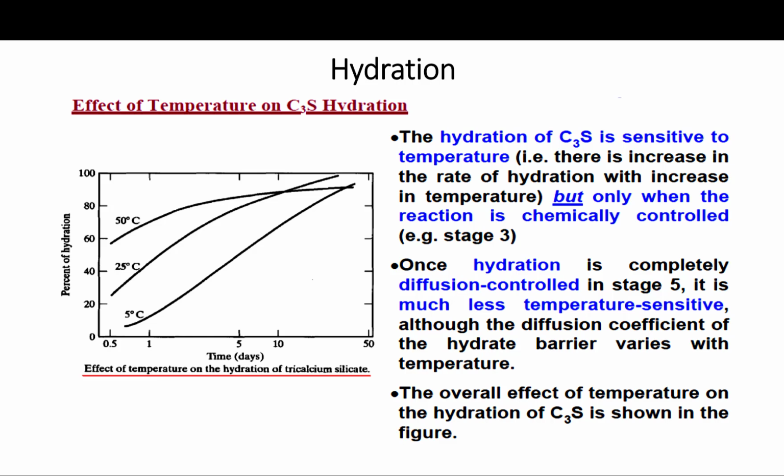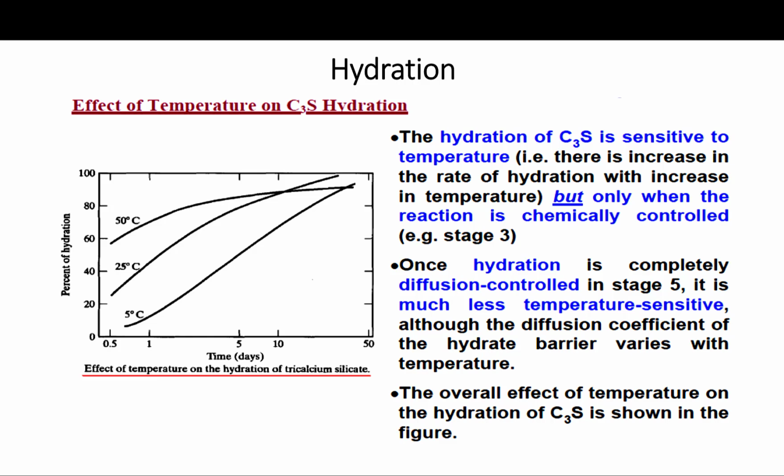That means stage 3. Once hydration is completely diffusion controlled in stage 5, it is much less temperature sensitive, although the diffusion coefficient of the hydrate barrier varies with temperature. So it still has some relevance, but its impact is more pronounced in stage 3.